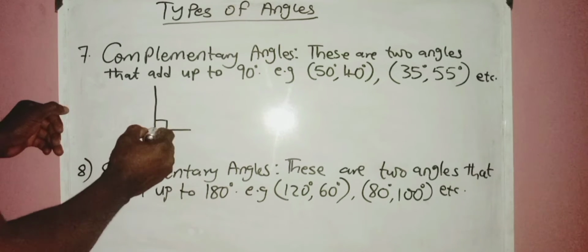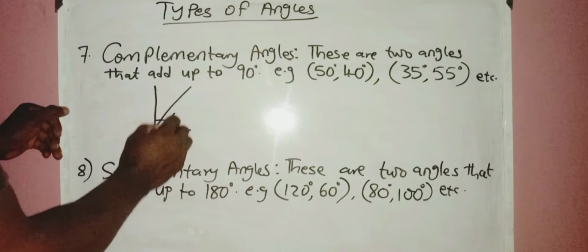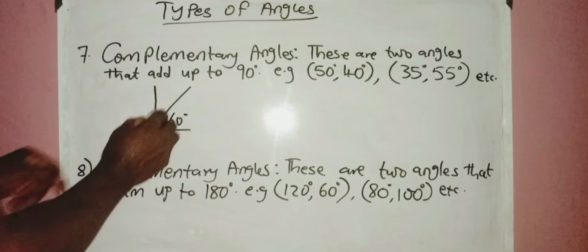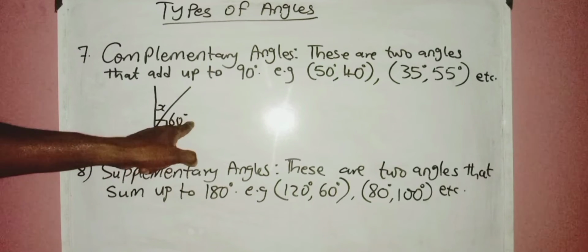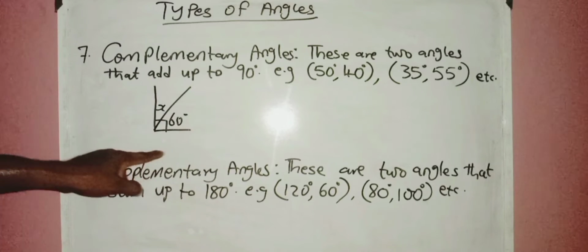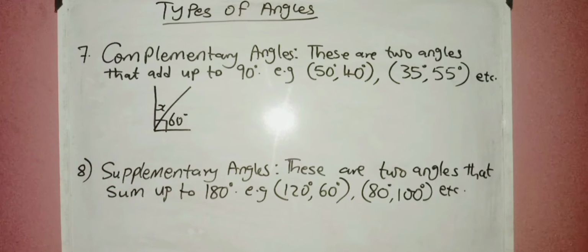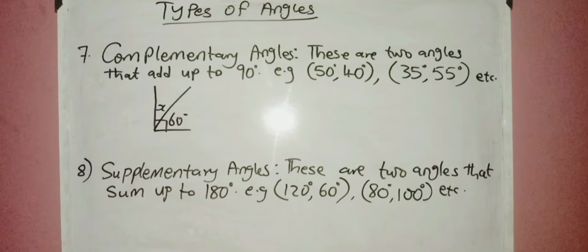If someone should draw a line like this, give you let's say 60 degrees here, and ask you to find x, what they ask you to find here is the complement of this 60 degrees, because the entire angle here is 90 degrees. So what will make it up to 90 degrees will be what? 30 degrees here. So 30 plus 60 will give us what? 90 degrees. That will make it a complementary angle.